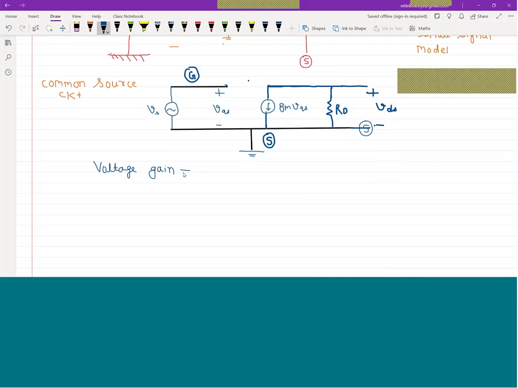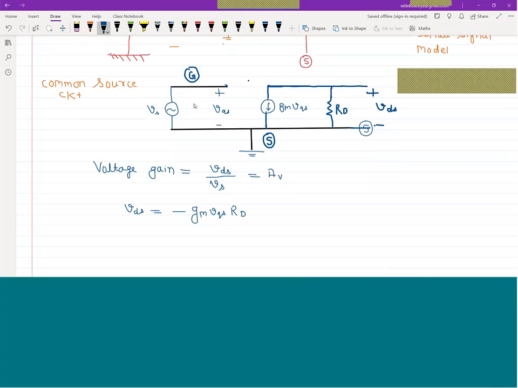Voltage gain is the ratio of VDS divided by Vs. This is known as the voltage gain of the common source amplifier, and VDS is given by minus Gm into VGS into RD.